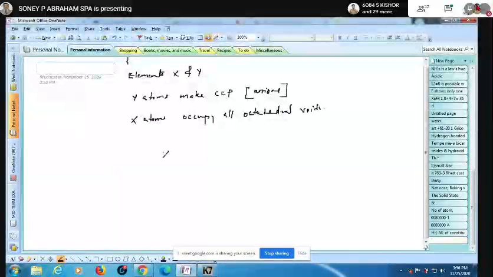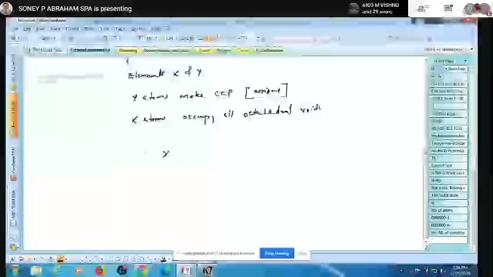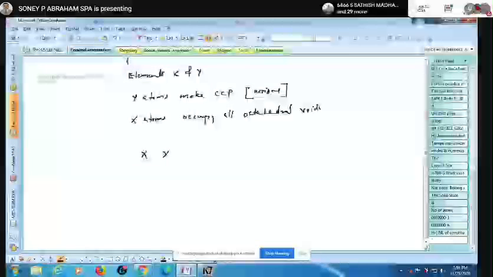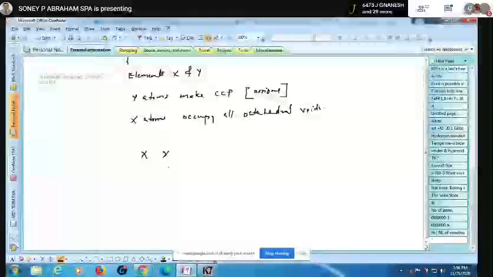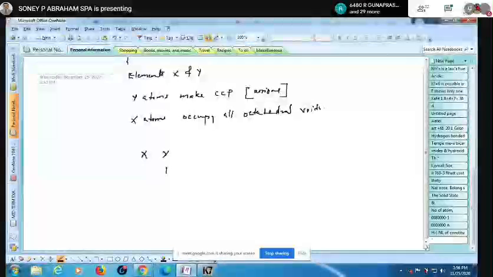So Y atoms form the CCP, and X is the cation. Y forms CCP, so if one Y atom is present in a unit cell, what will be the number of octahedral voids present?